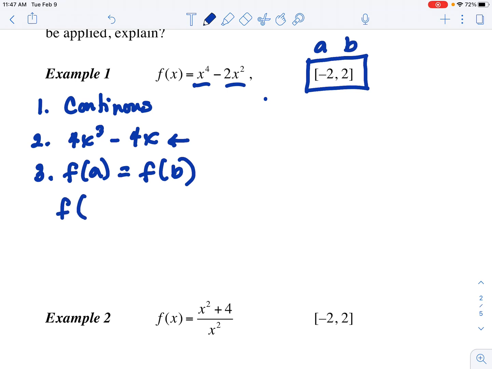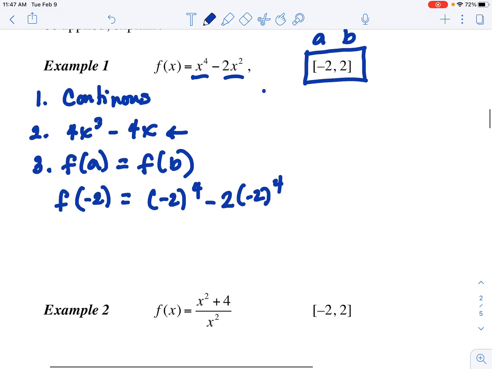So f of -2 is equal to -2 to the fourth minus -2 squared, times 2.